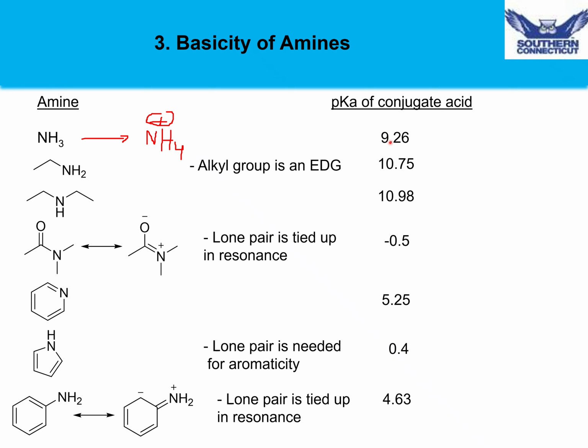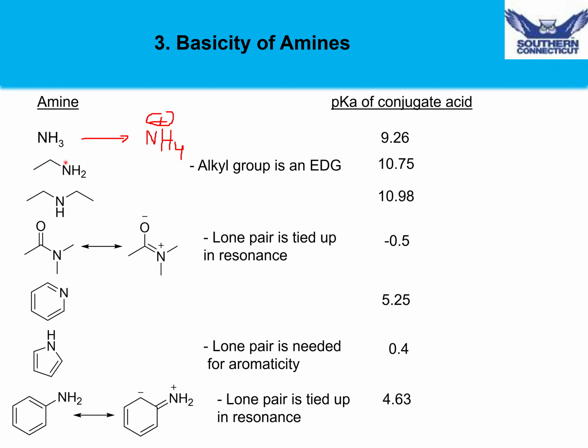The pKa of that conjugate acid is 9.26. You might recall that we mentioned that the higher the value, the stronger the base is. So the pKa value really refers to how acidic the conjugate acid is, and the higher it is, the less acidic the conjugate acid is, which means the stronger the base.